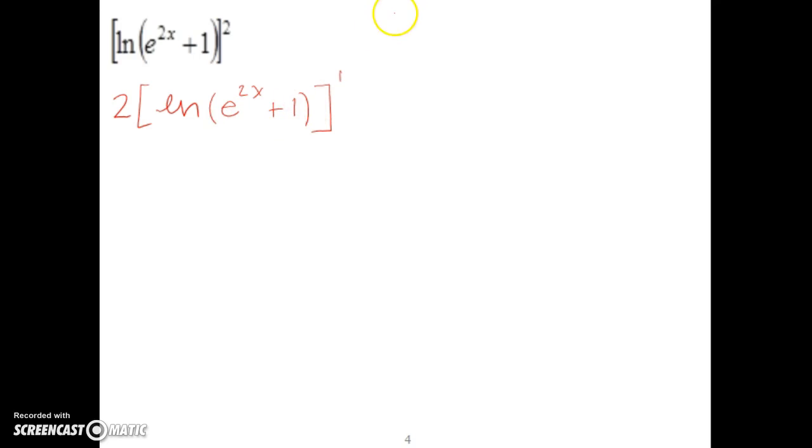So remember, that's g prime of x divided by g of x. So the derivative of e to the 2x plus 1 is going to be 2e to the 2x, and then the derivative of 1 is 0. We're going to divide that by e to the 2x plus 1. So now what we want to do here is simplify a little bit.